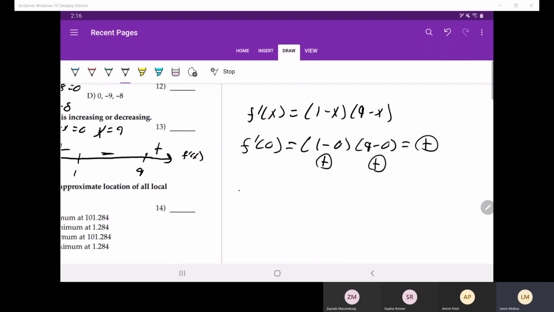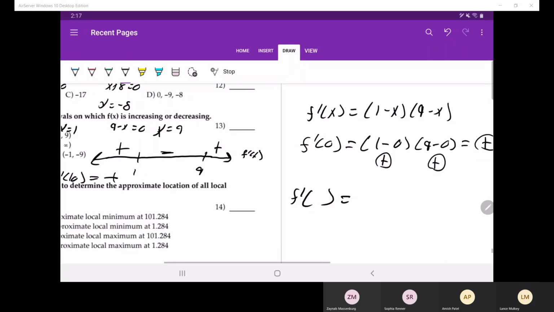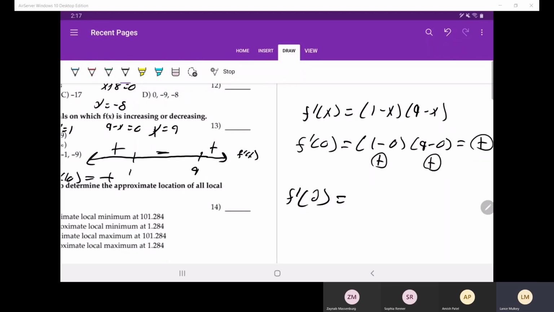So we're going to do f prime of something else. Now we need a number that's between 1 and 9. Well, you can do 5 or 1.000005, but I'm going to do 2. So we're going to do 1 minus 2 times 9 minus 2.